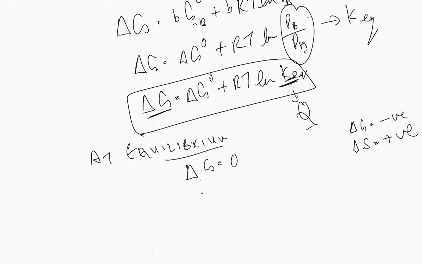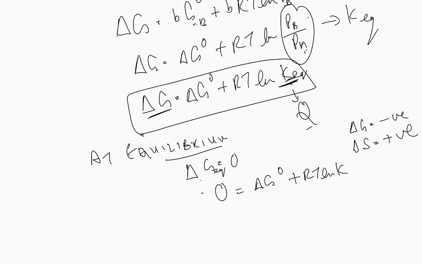So delta G is 0 at equilibrium, which gives 0 equals delta G standard plus RT ln K, with K expressed in terms of gas pressures.